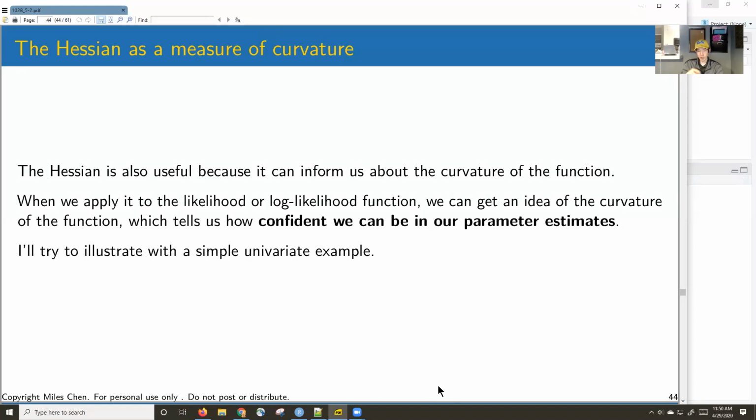It can be used to tell us how confident we are in our parameter estimates, which will get reflected in the Fisher information. We'll continue on Friday talking about the Hessian and Fisher information and all of that.